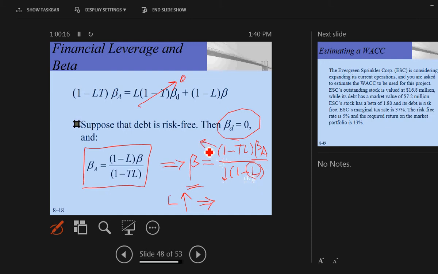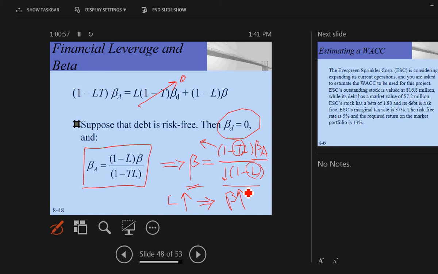It still is going to go down, nonetheless, because the tax rate is always less than 1. But the amount by which it goes down is going to be less than the amount by which the denominator goes down. As a result, an increase in leverage is going to increase the stock beta. And we've already argued that it has no impact on beta A. So beta A can be thought of as something fixed, but beta is the moving target here.